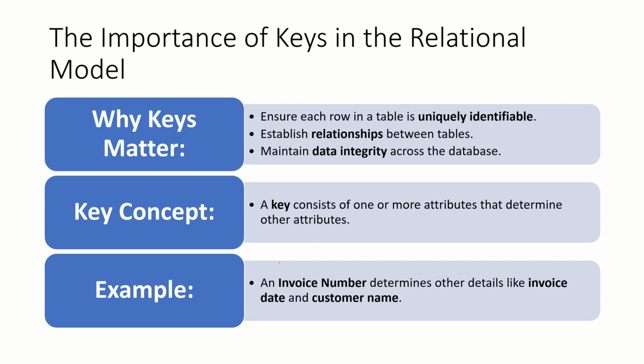So for example, one key can consist of one or more attributes which can determine other attributes. For example, if you have an invoice number, which can help you determine some other details like invoice date or customer name, this is something we consider a key.